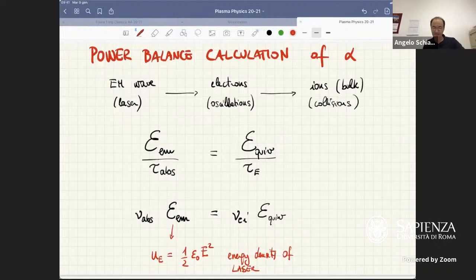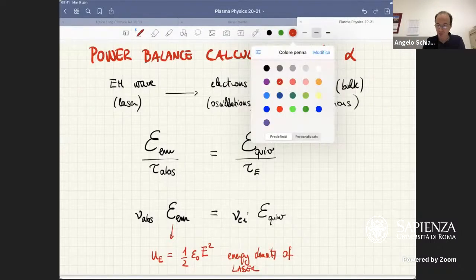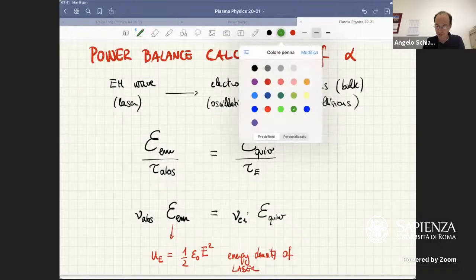And what is the energy density of the quivering motion? It is the characteristic kinetic energy of the electrons moving in the wave times the electron density. So let's use a different color.